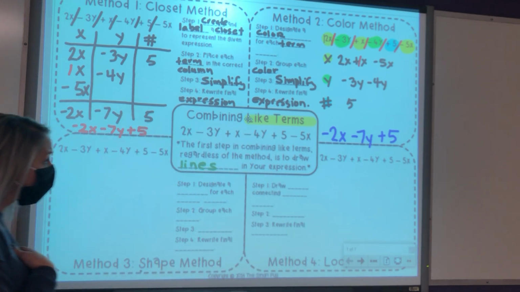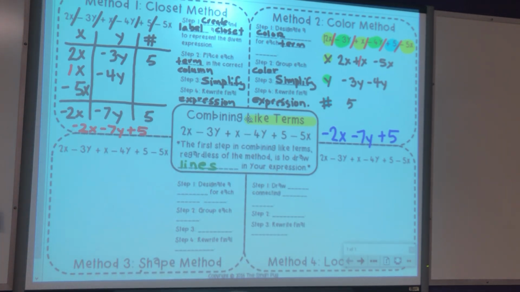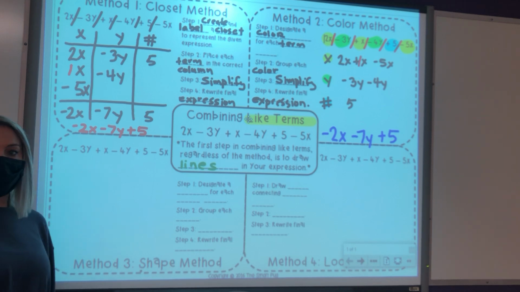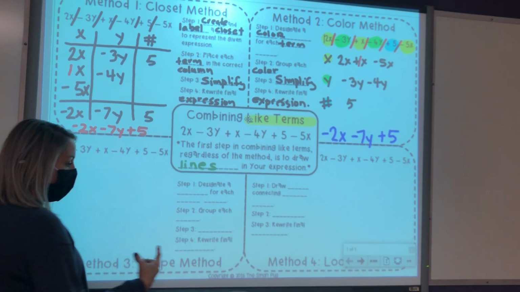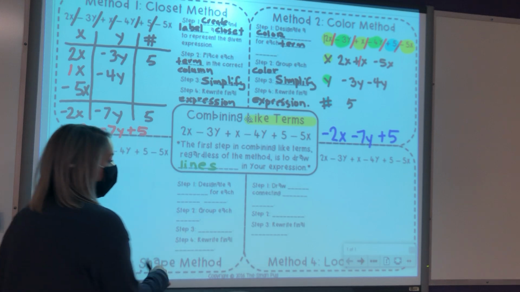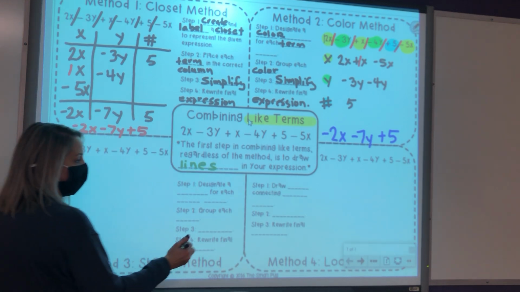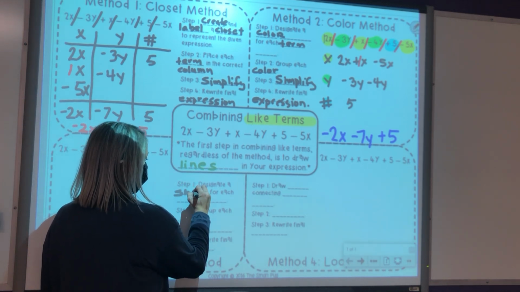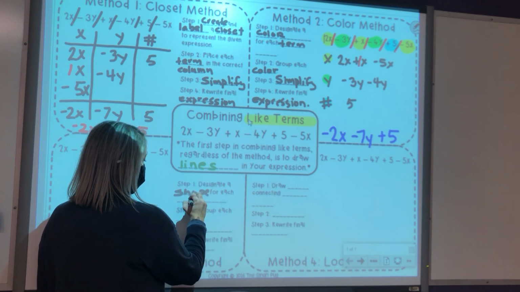All right, so the third method is the shape method. Okay, so the shape method is a lot like the colored method, but instead of colors, it's with shapes. So this is actually how I learned how to do it when I was a kid. So you designate a shape for each term.